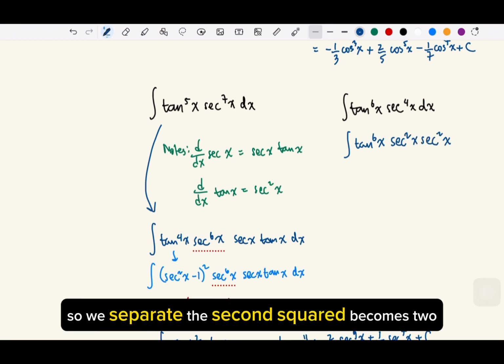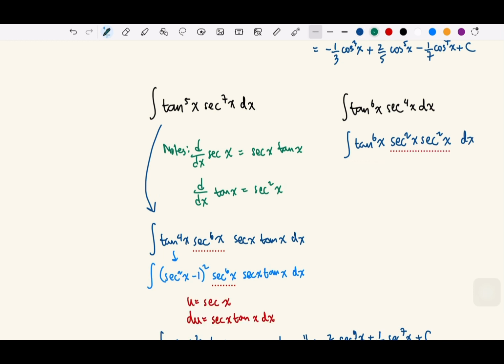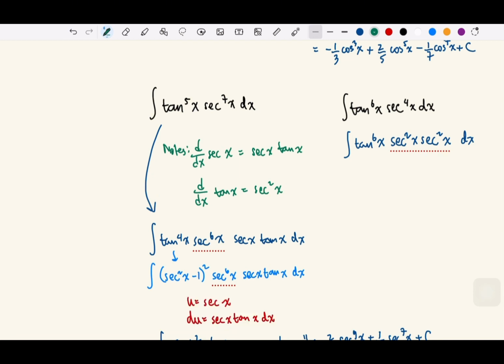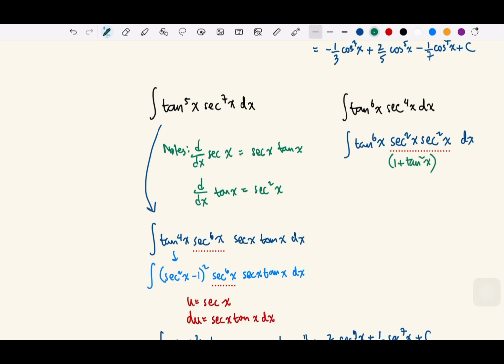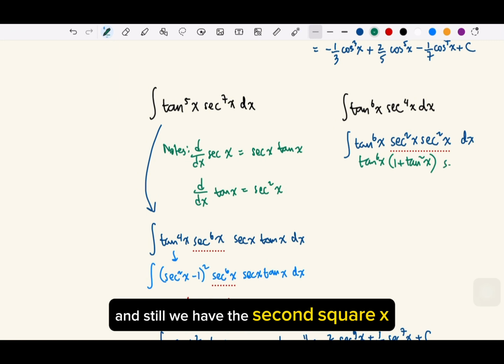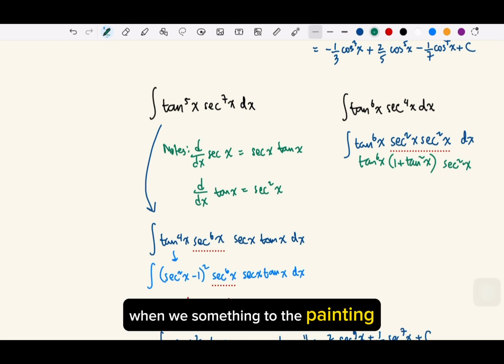So we separate the secant squared, which becomes 2, and then the secant squared itself we can write as 1 plus tangent squared x. So we multiply with this, and still we have the secant squared x. The last one here, we expect this to be here because we want to cancel when we substitute the tangent.